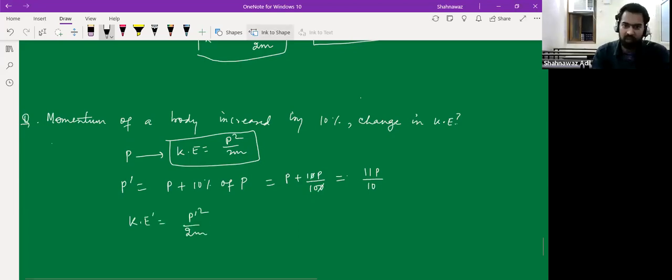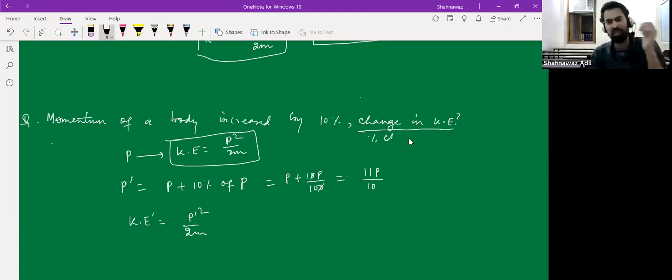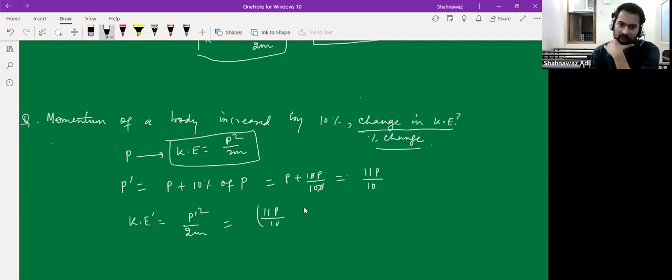Yes, 21%. So you are calculating the percentage change, right? So the new kinetic energy is 11P square by 10 whole square over 2m.